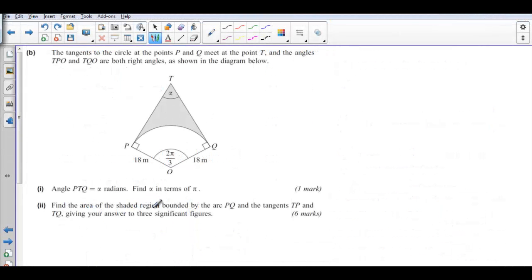Find the area of the shaded region bounded by the arc and the 2 tangents. It's find the shaded area. Okay, so actually they've checked us already on can we find the arc length. We're going to need the area of the sector. The area of the sector is given by r²θ/2, which in our case we've got 18² over 2 times θ, which is 2π/3.